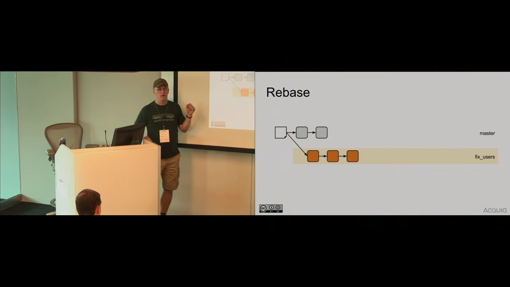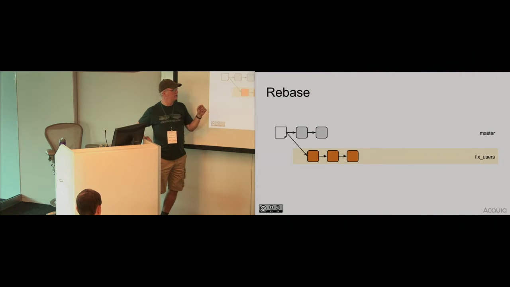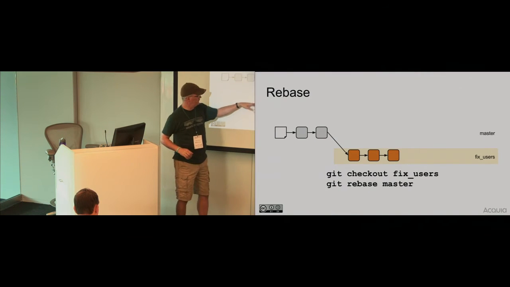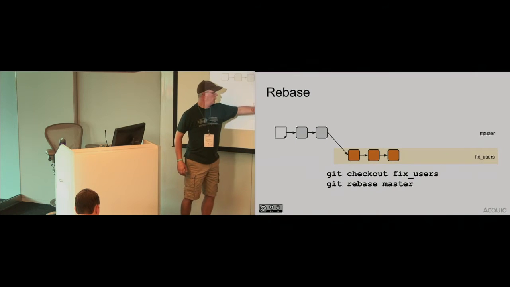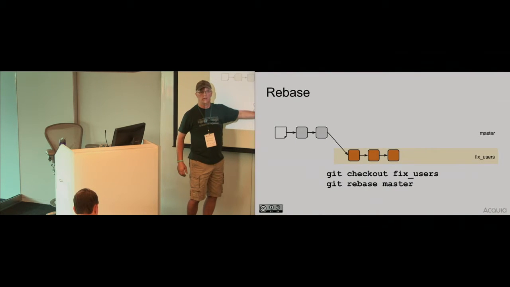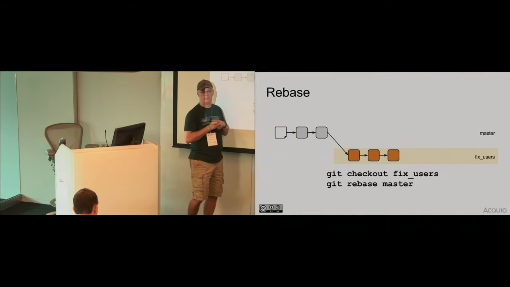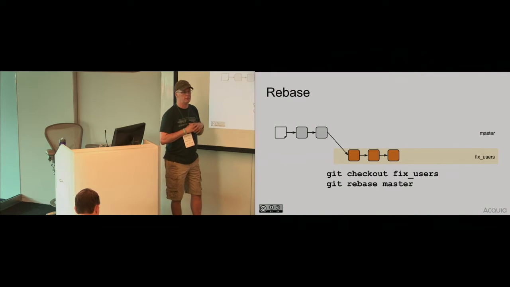And when you say rebase master, it says, whatever branch you're on, take all the changes from it, hold them, set your base back up, and replay them. And so that essentially is combining them all together.